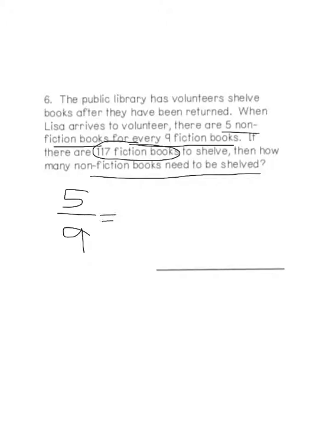And that can be equal to, if there was a total of 117 fiction books, I need to know how many nonfiction books there are. Notice that both of my numerators refer to nonfiction, while my denominators both refer to fiction. It's very important that those line up in order for you to get your problem correct.